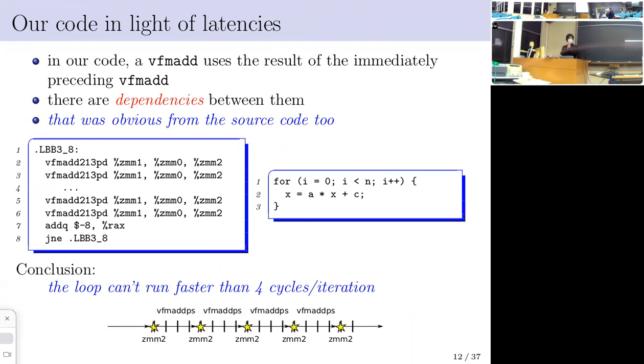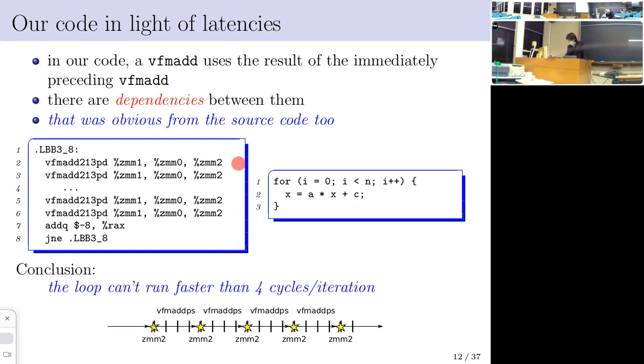So here's the clear explanation about why the previous loop runs only so fast. So first of all, look at this series of FMA instructions. I don't know which variable corresponds to A and X and C, but anyway, the only thing you have to understand is that ZMM2 is the variable the result is going to be written into.